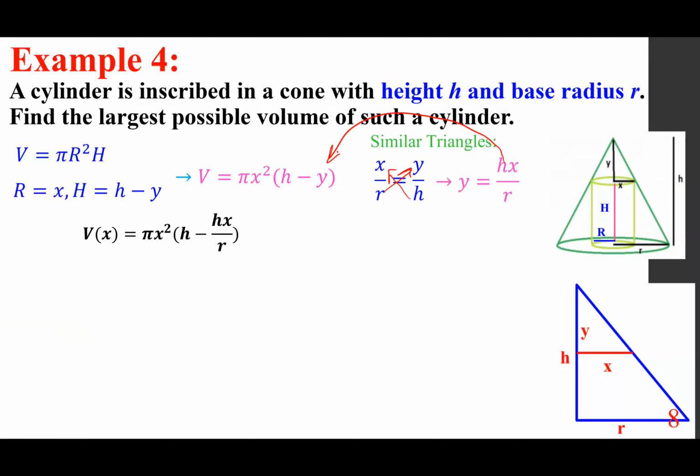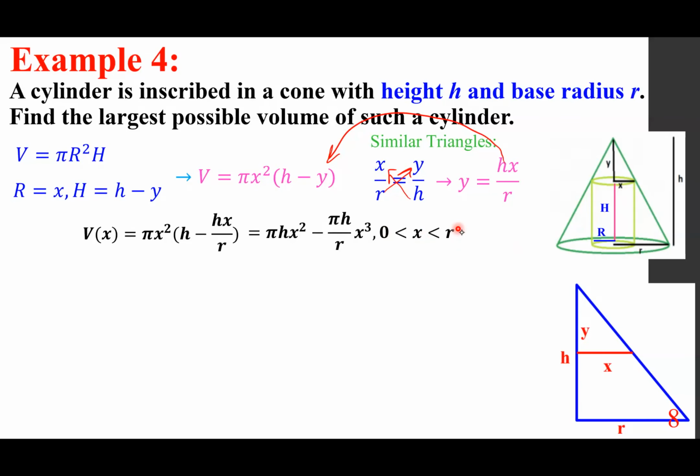Let's distribute. So pi hx squared minus pi h over r x cubed, and x can be between 0 and r. Imagine, can x possibly be as much as r? No, it has to be less than r. There is no way. So x is between 0 and r, and that's extremely important to understand.